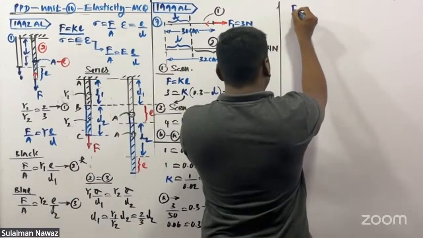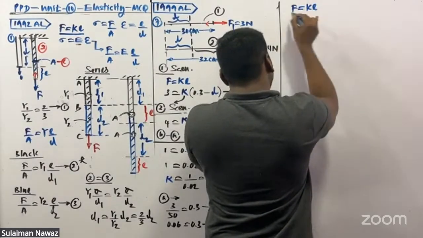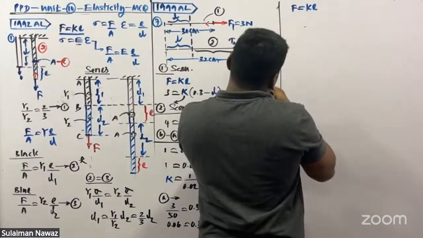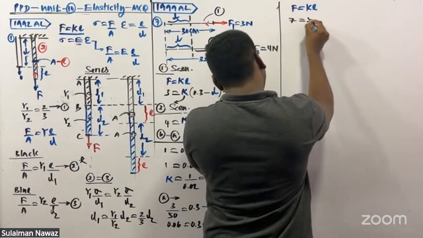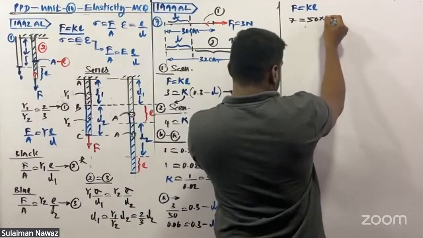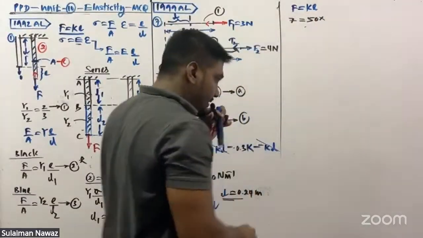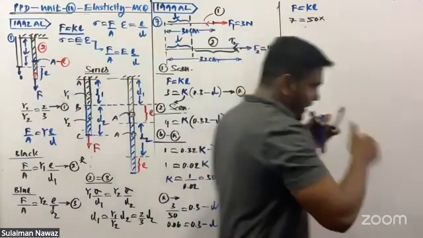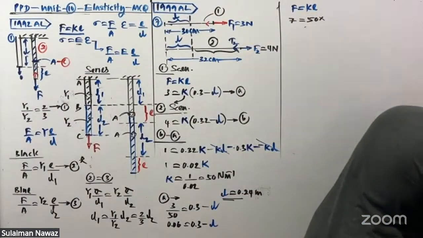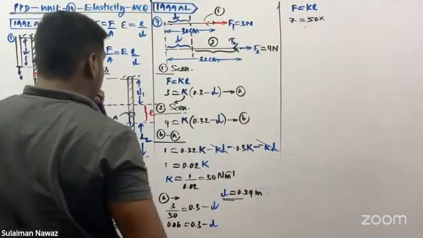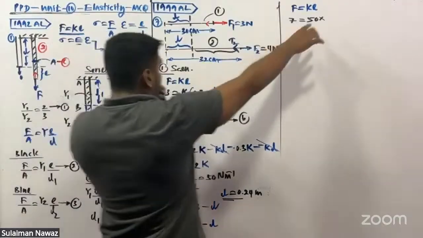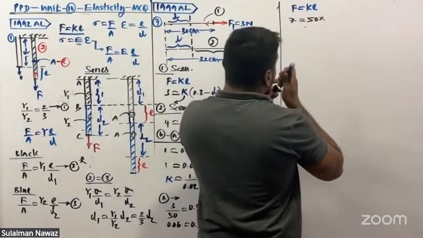F equals Ke. Now the force is 7 Newton and the force constant is 50. Then you can find the extension directly. If you want to find the length, we'll find the extension first.